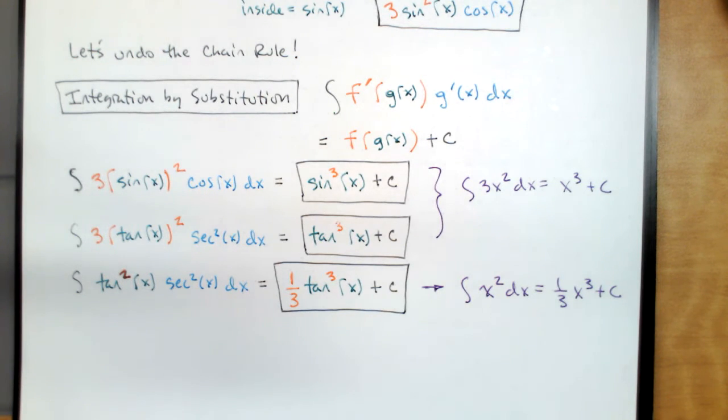We're working on if instead of having a tangent of x, we just had tangent. The integral of something squared is a 1/3 x cubed. We add 1 to the exponent, we get the 3, then we divide by the new exponent. That's our process for integrating. Add 1 to the exponent, divide by the new exponent. 1 over n plus 1 times x to the n plus 1.